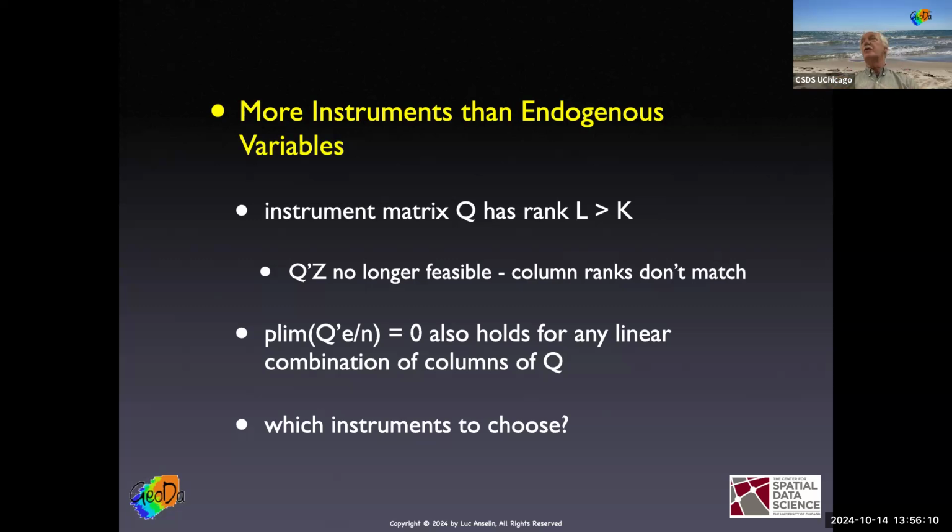In other words, we will regress our endogenous variable on the instruments, and the predicted value from that regression is the closest to the endogenous variable that we can get from any linear combination of these instruments.